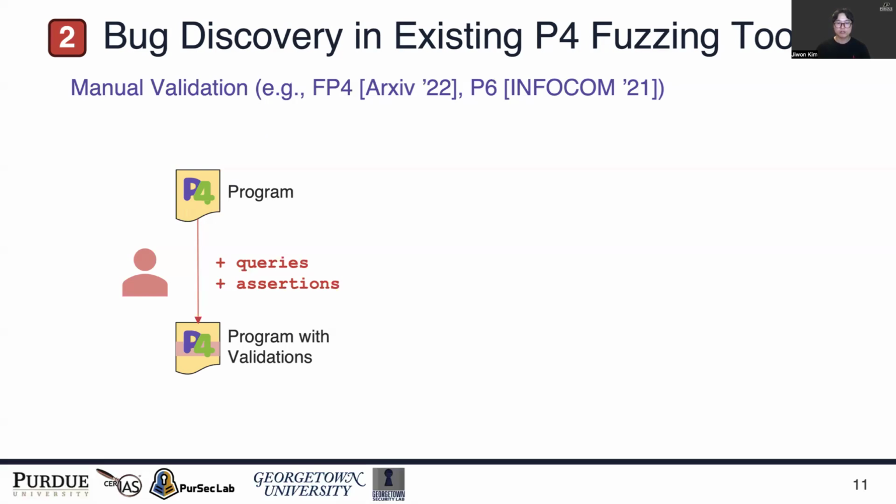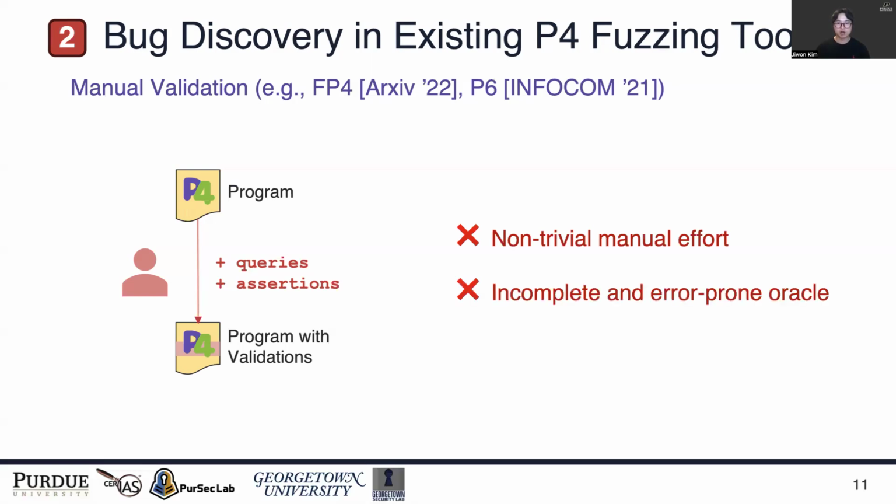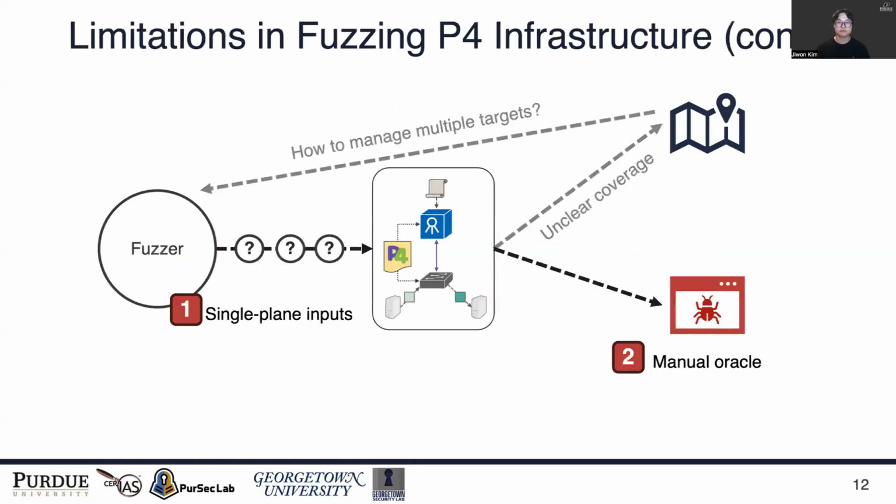However, it requires non-trivial manual effort. Additionally, such an oracle might be incomplete and prone to user errors. In short, existing fuzzing tools for SDN or P4 infrastructure only mutate single plane inputs and rely on manual oracles.